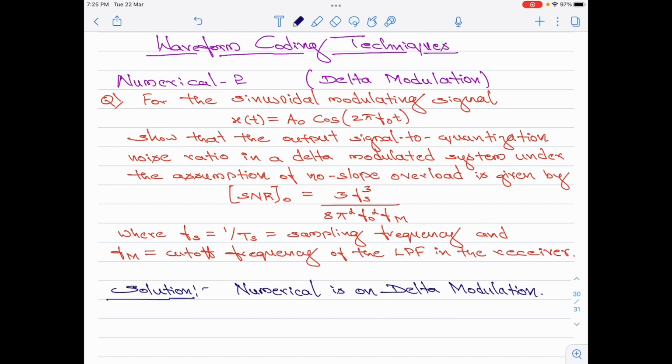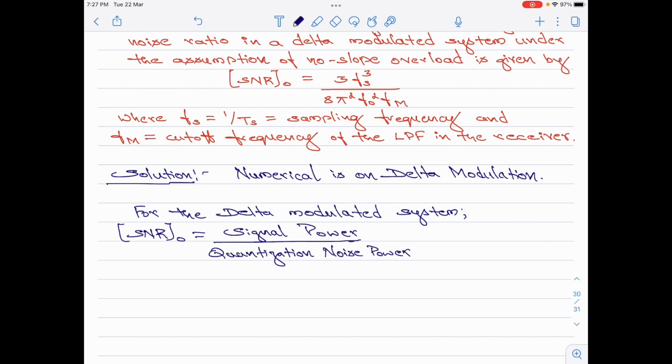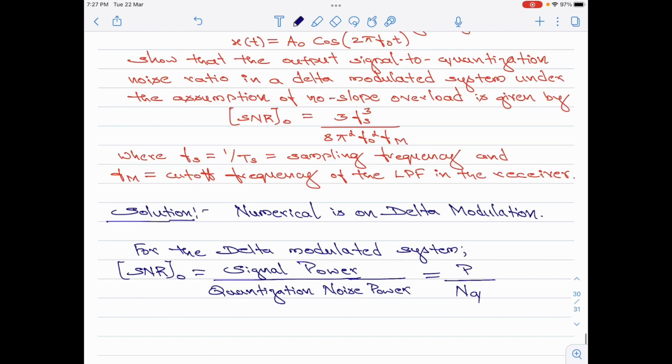We know that the signal to quantization noise ratio of the delta modulated system is equal to signal power divided by noise power. Let me write it out. Let us denote the signal power as P and the quantization noise power as NQ. Let me call this equation 1.